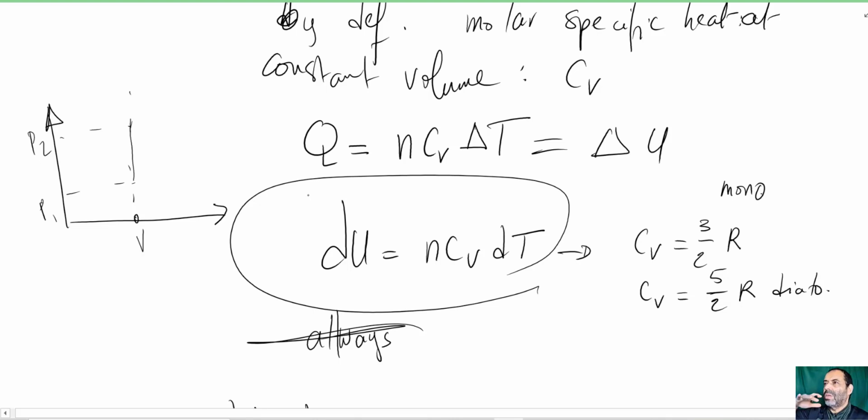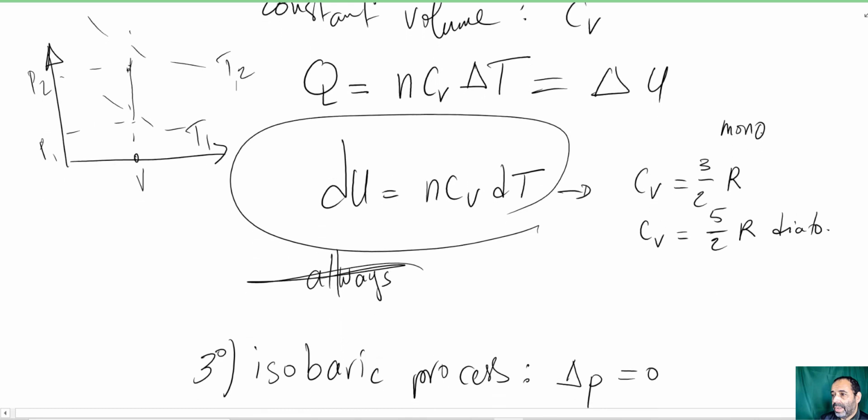We're fixing the volume, so the volume is not changing, like a pressure cooker, but in this case we're increasing the temperature. So the gas energy is increasing, so there is higher and higher pressure. That's why it's called the pressure cooker. So we go from a temperature T1 to a temperature T2, where T2 obviously is higher in this case. So that's the process that you can think of.